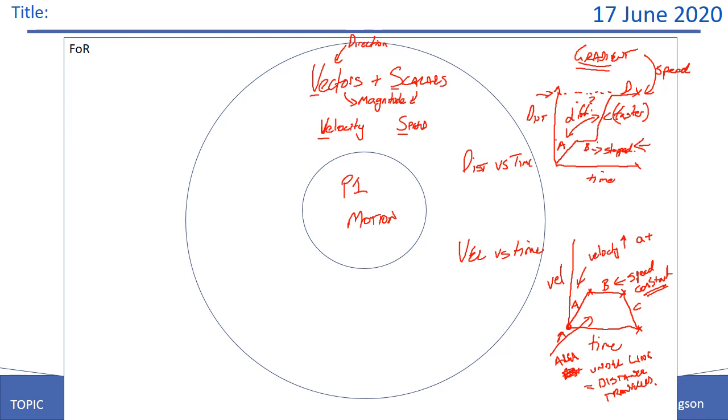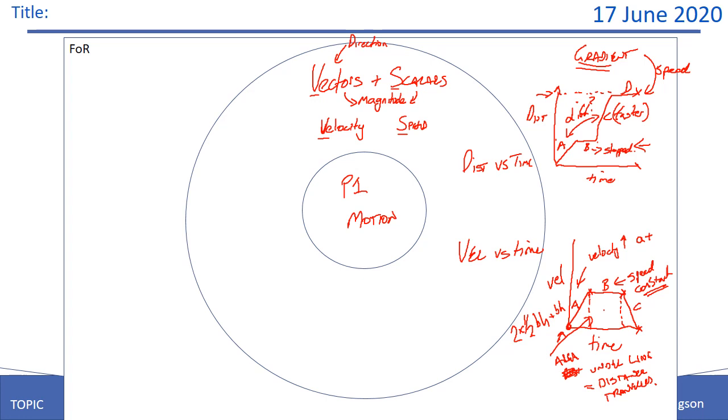It's actually made up of a triangle, a rectangle, and another triangle. So if you can find the area of a triangle, just to remind you, that's half times base times height, plus the square, which is just base times height, plus another triangle on the end.